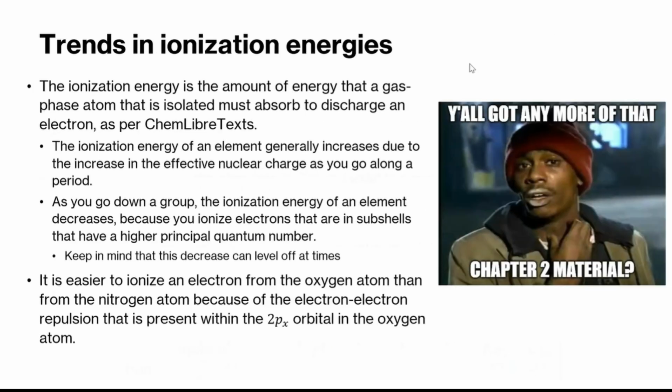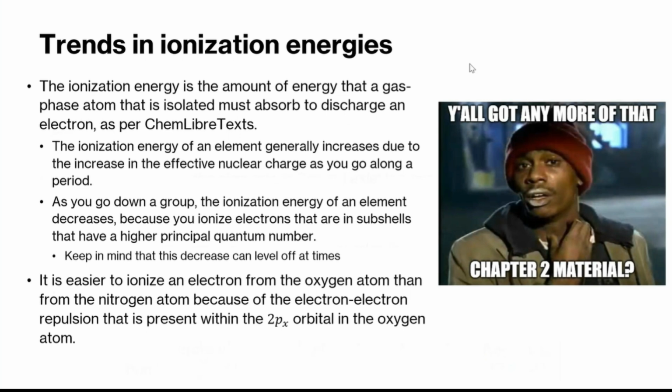Now we're going to go over some trends in ionization energy. The ionization energy is the amount of energy that a gas phase atom must absorb, and remember, the gas phase atom is isolated, to discharge an electron.